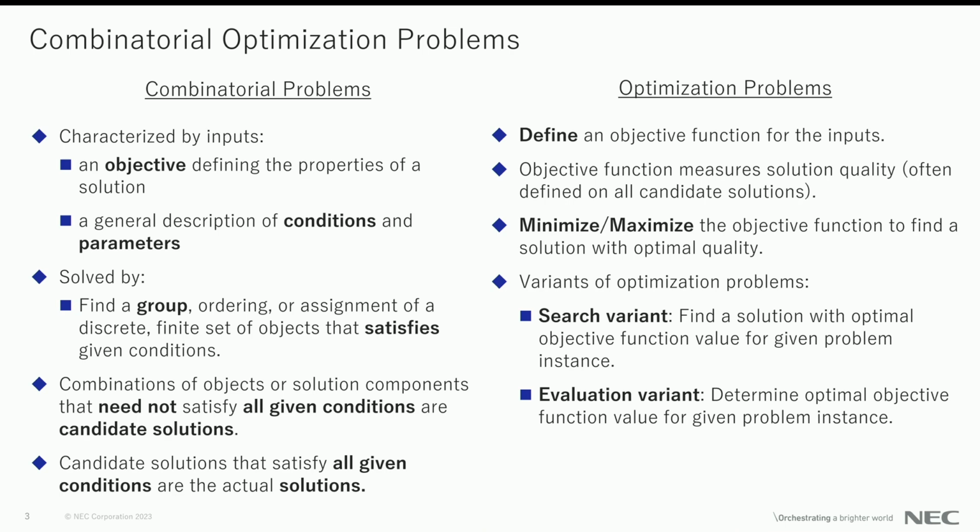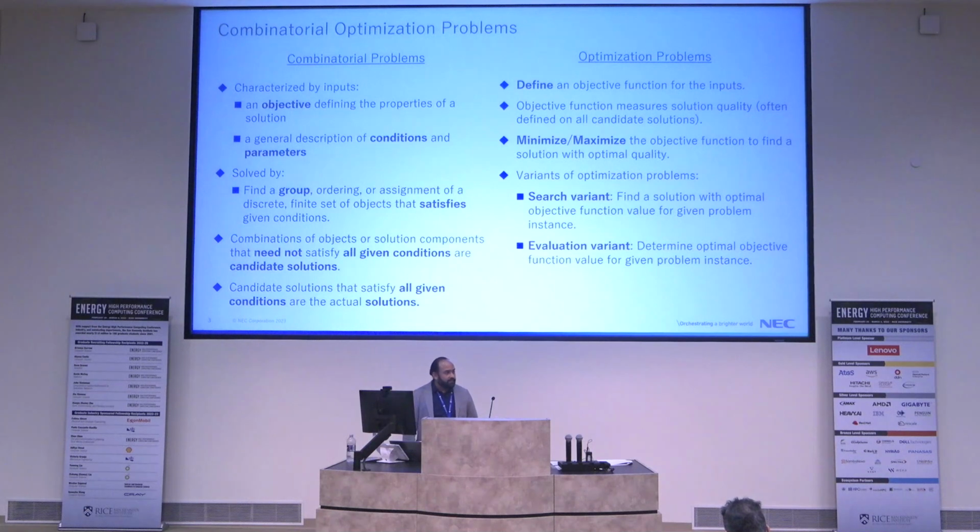For example, I have to go from point A to point B at the least cost is the objective. And any conditions like preferred mode of transport or a preferred time of the day to travel, or let's say a flat tire could be a condition to achieving that objective.